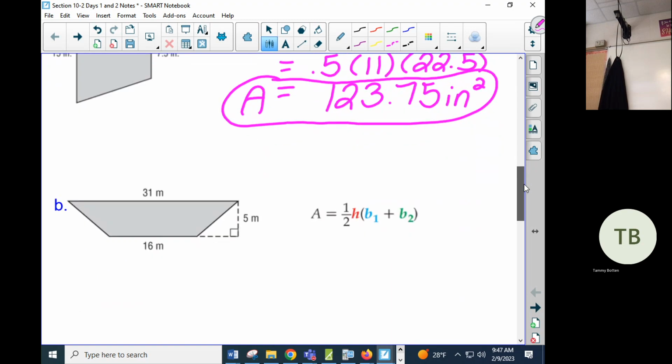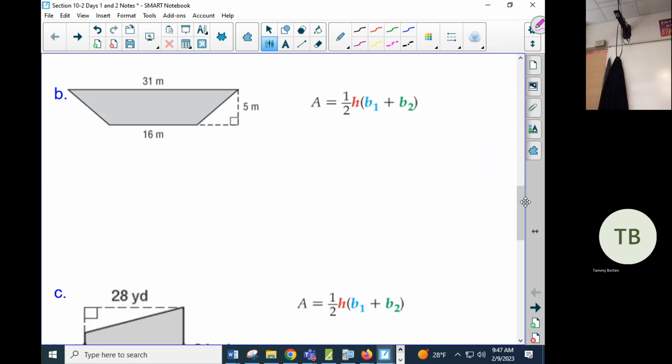All right, when we look at this next one, again, they just drop that perpendicular height outside, and that's fine. So this is your height. I could call this my B1 and this my B2, and then it's a matter of just putting it into my formula. I'd go 1/2 times, my height is 5, and I'd add my two bases together 31 plus 16.